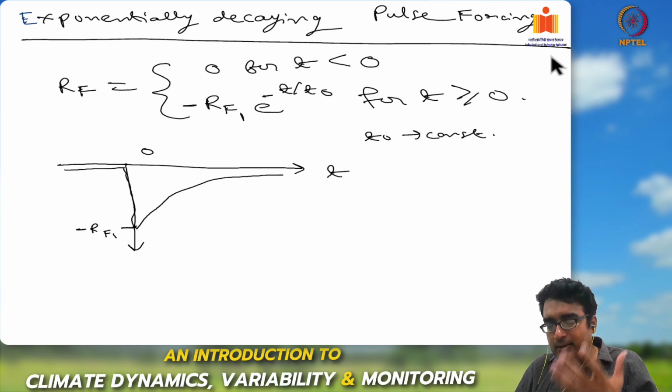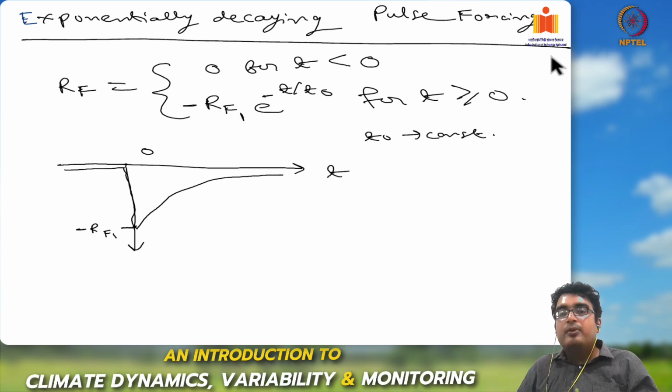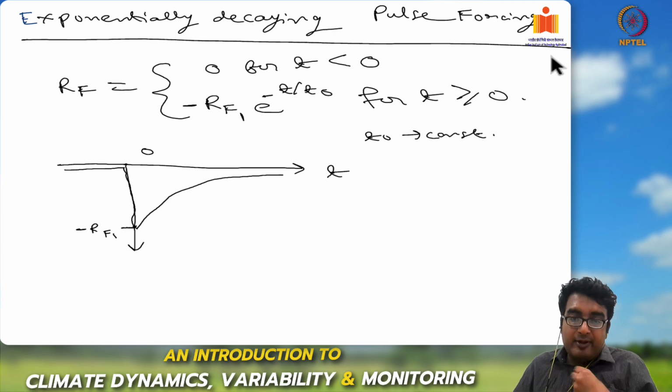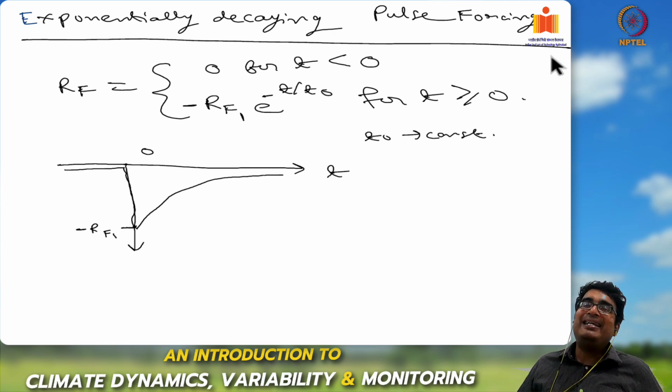One final expression that we will do is an exponentially decaying pulse forcing. Suppose you have a large volcanic eruption or a large meteor strike, and a huge amount of aerosols get injected into the stratosphere.